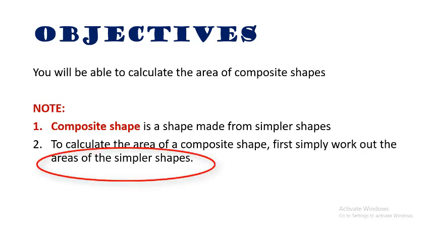This means that when you have been given a composite shape, you are going to divide that shape into simple shapes, and then work out the area of each simple shape, and then you add the answers to find the total area of the whole shape. That is all about a composite shape.